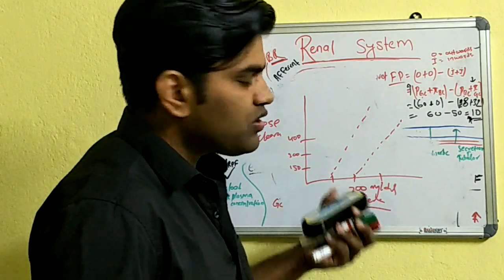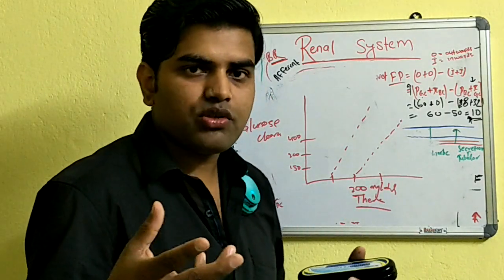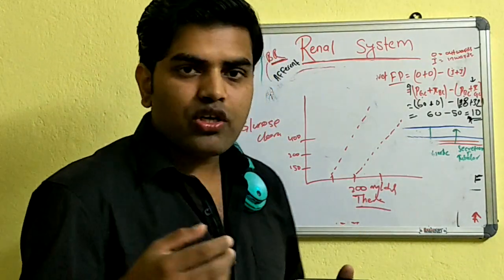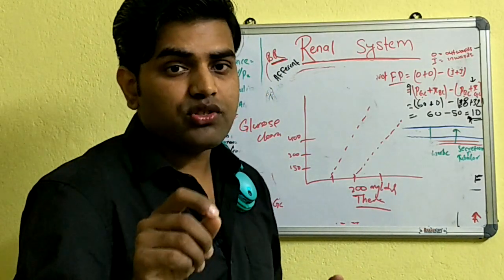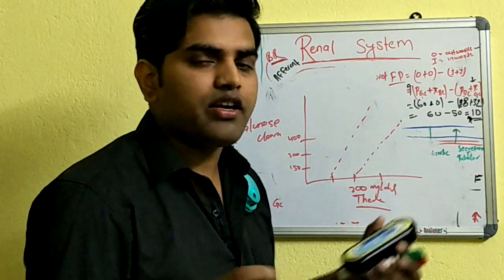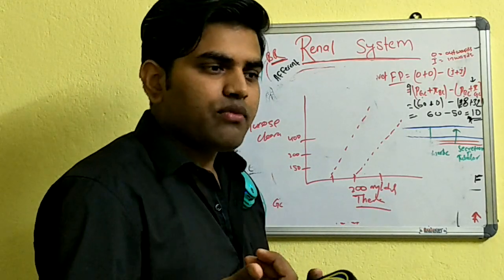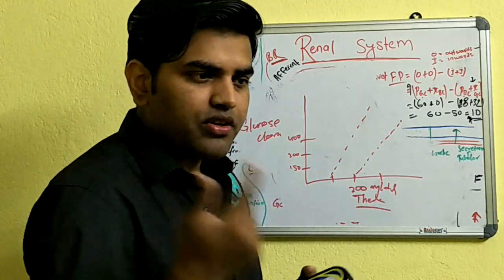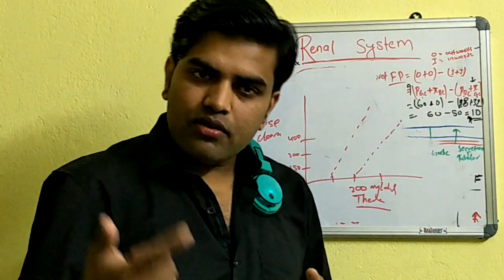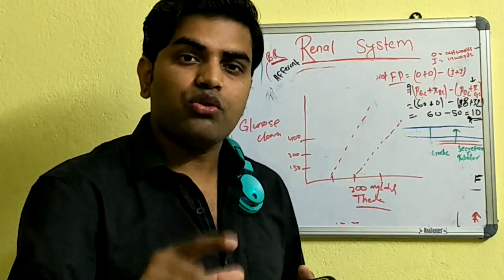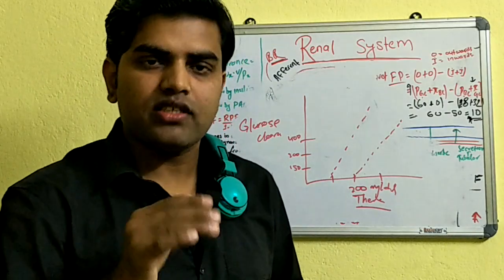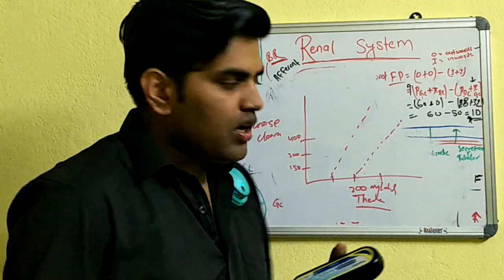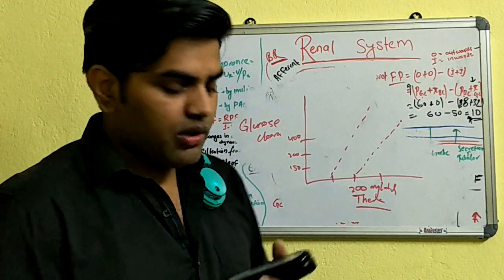In diabetes mellitus, if you have 300 or 400 blood sugar, above the threshold, glucose will also appear in the urine; this is pathological, and it is a clinical use of glycosuria. Another is pregnancy, which reduces the threshold of glucose as well as albumin, so you will find glycosuria and albuminuria in pregnancy. This is normal physiology.